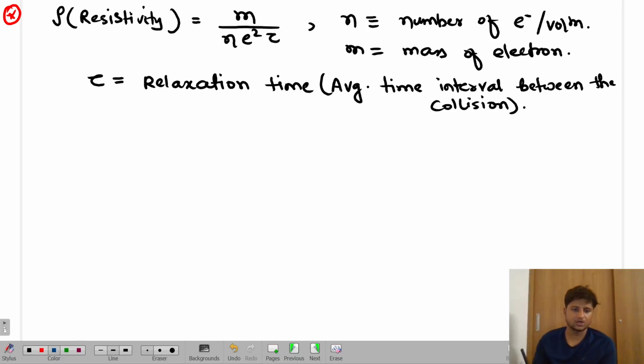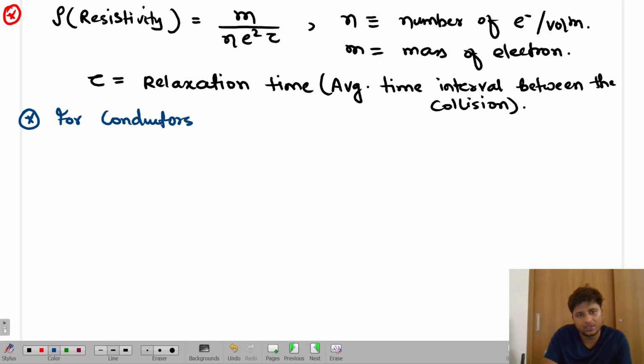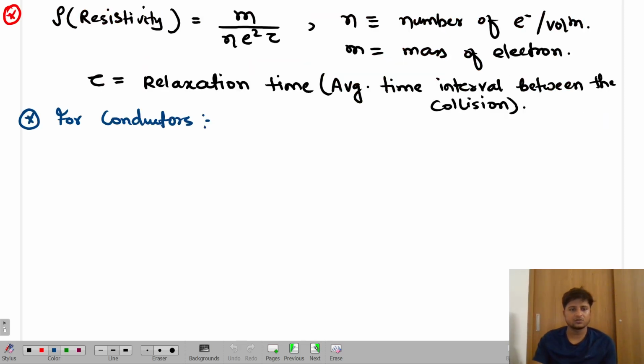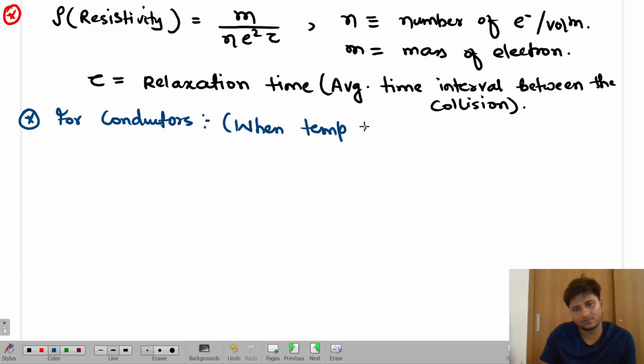So look over here. Let us have an understanding. First case, as we know, for conductors. Let us have a conclusion. Now we got to know that for conductors, as the temperature increases, what will decrease? Relaxation time will decrease or not? Because of more randomness. Yes. So for conductors, when temperature increases, what happens?